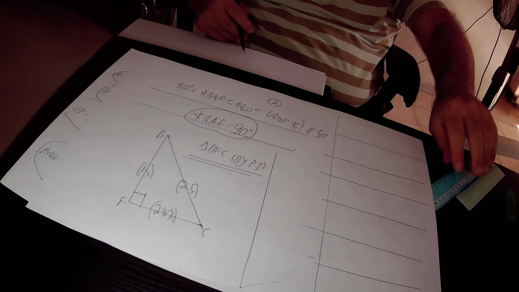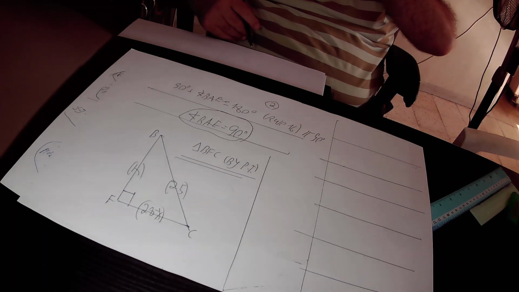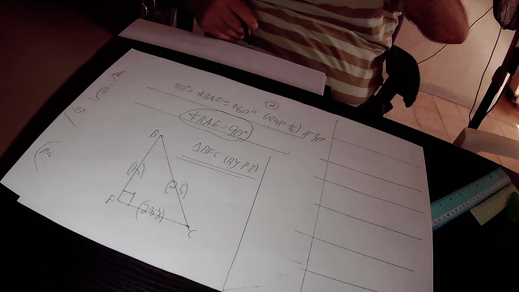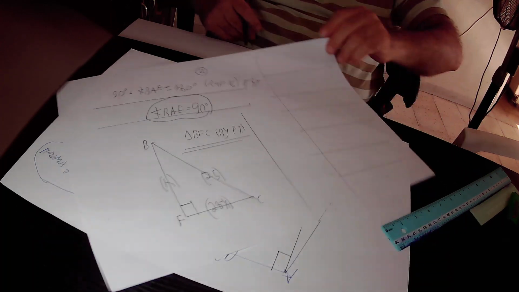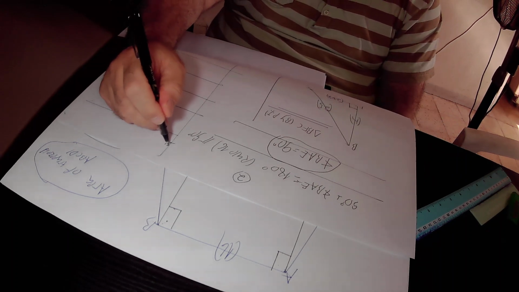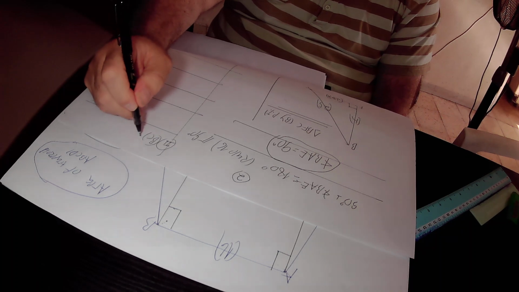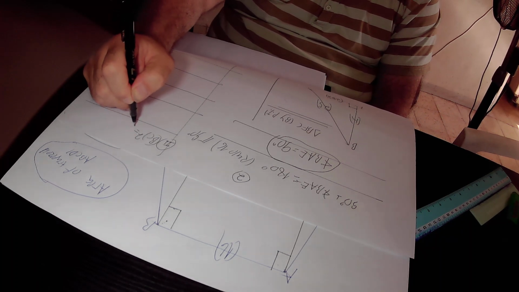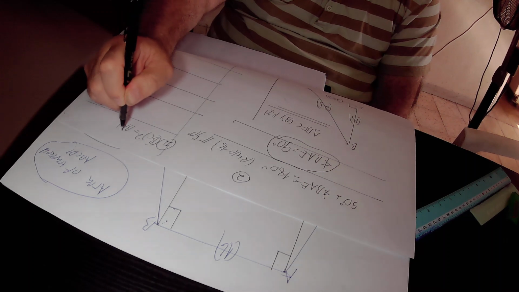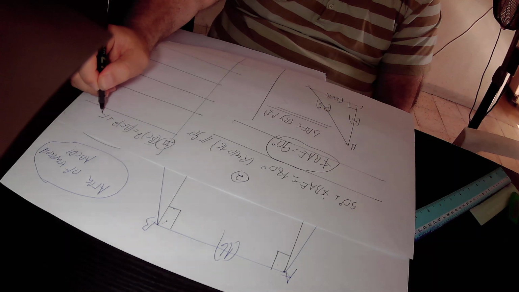According to the Pythagoras theorem, in this right triangle BFC, BC squared, that is the square of the hypotenuse, is equal to BF squared plus FC squared. So I write it down, which will be equation 2. BC squared is equal to BF squared plus FC squared.